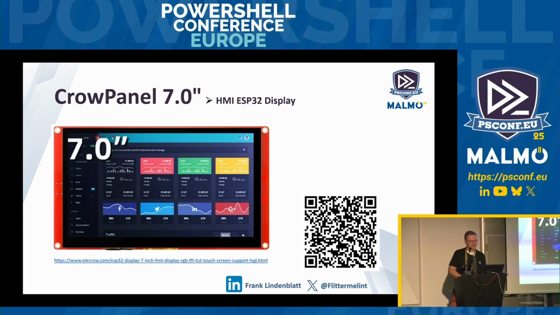What I'm talking about today is a 7-inch human machine input device. It's an ESP32 powered touch screen. It's such a little gadget, USB powered, and I have one here on my desk, which I will show you in a few moments.